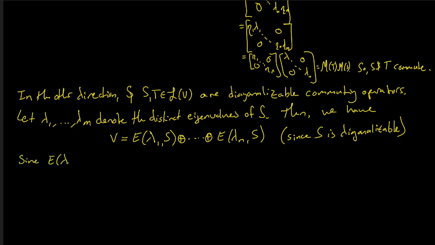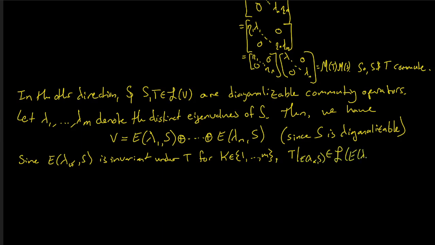Since E(lambda k, S) is invariant under T for k in 1 through m, we get that T restricted to E(lambda k, S) is an operator on E(lambda k, S), and is also diagonalizable since T is.